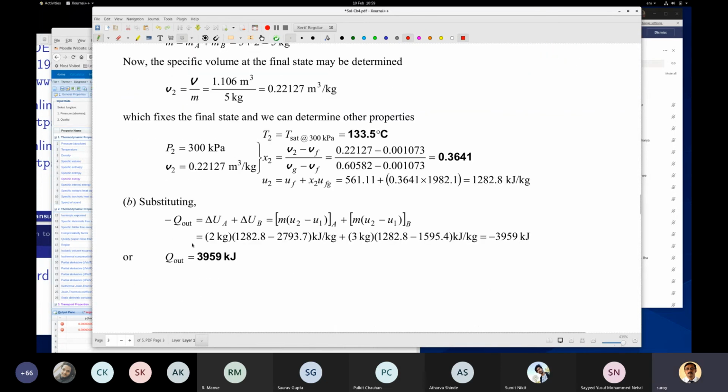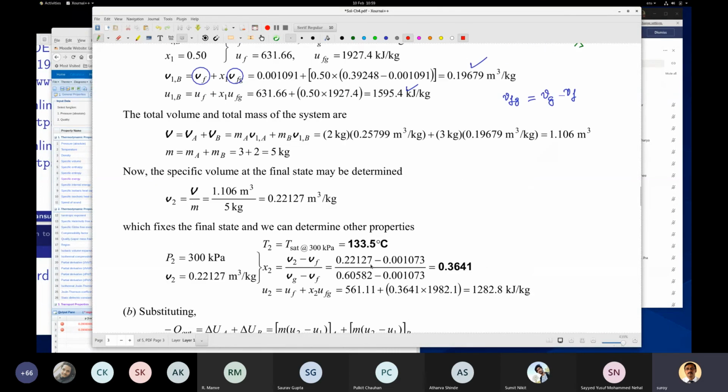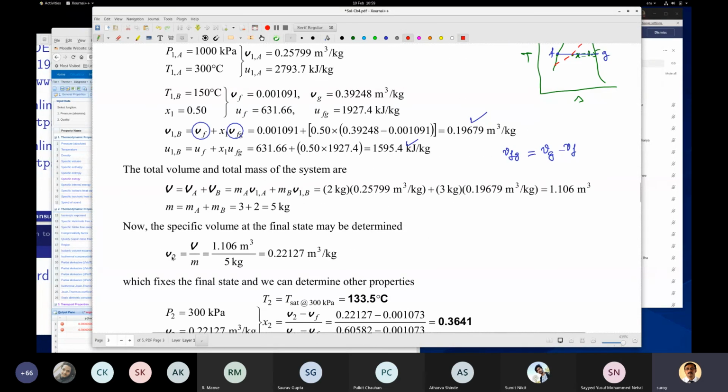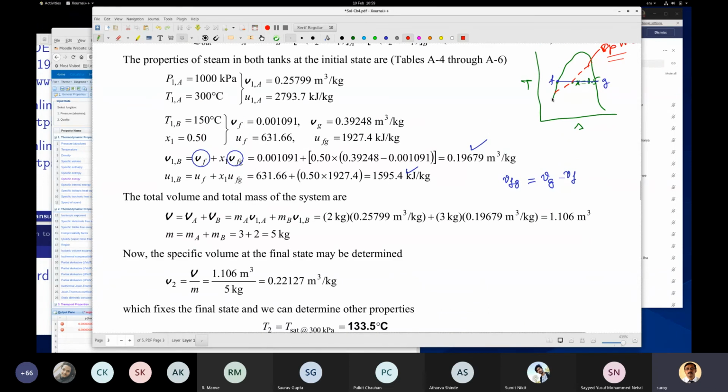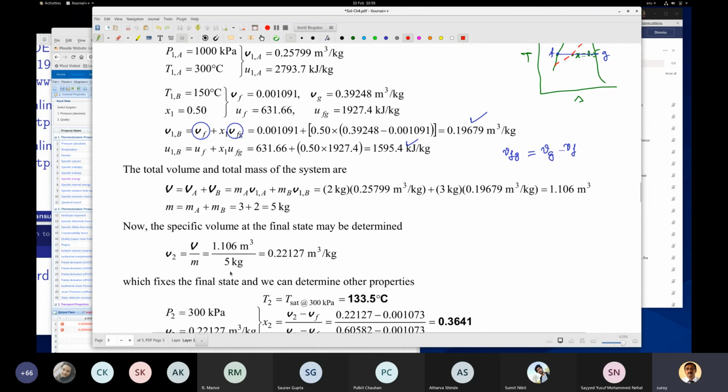Then you can find out the change in internal energy for A and B, and together you can find out the Q. Once the specific volume is specified, you'll be able to calculate the condition of the steam. The condition of the steam is known.